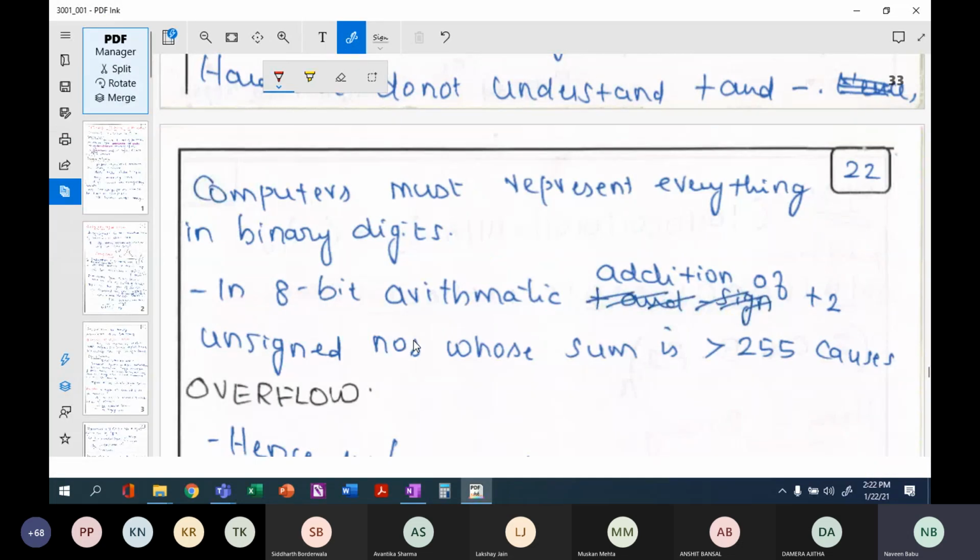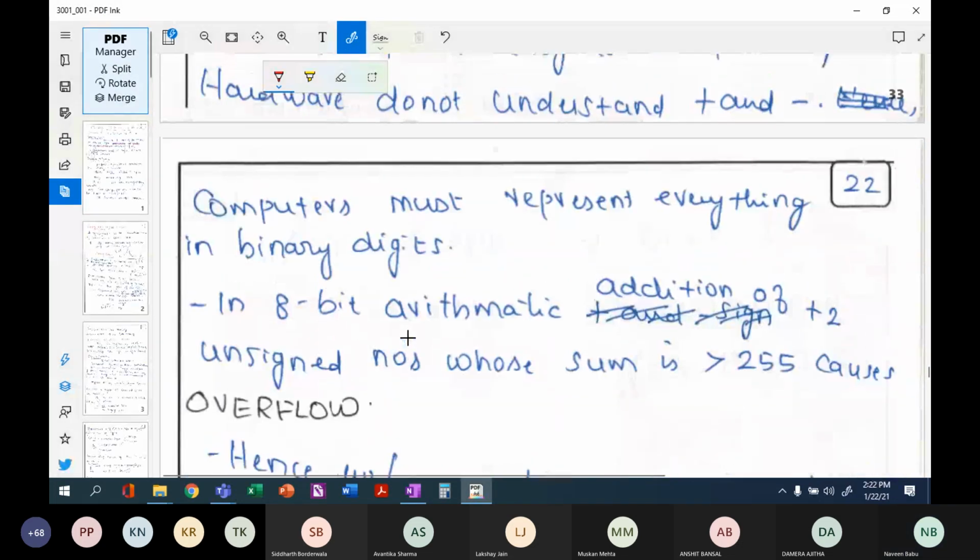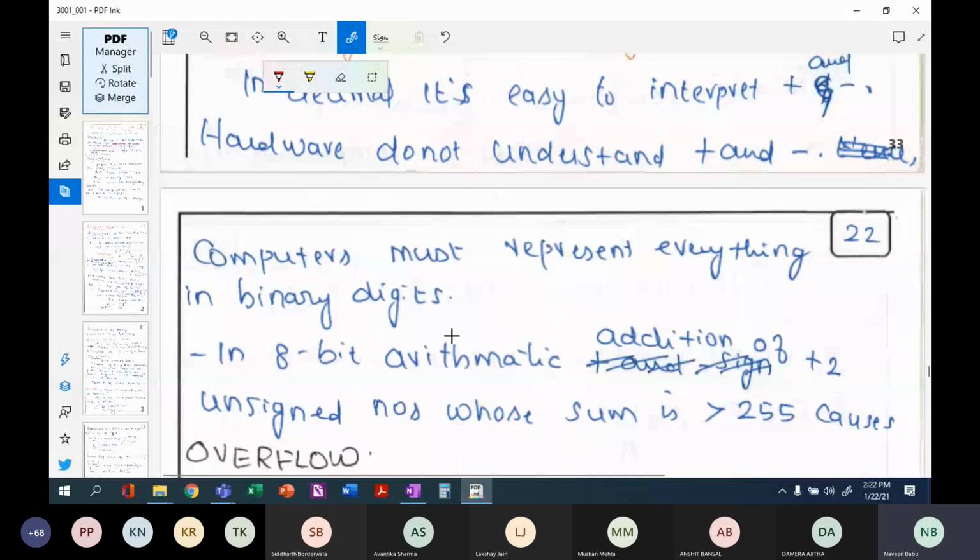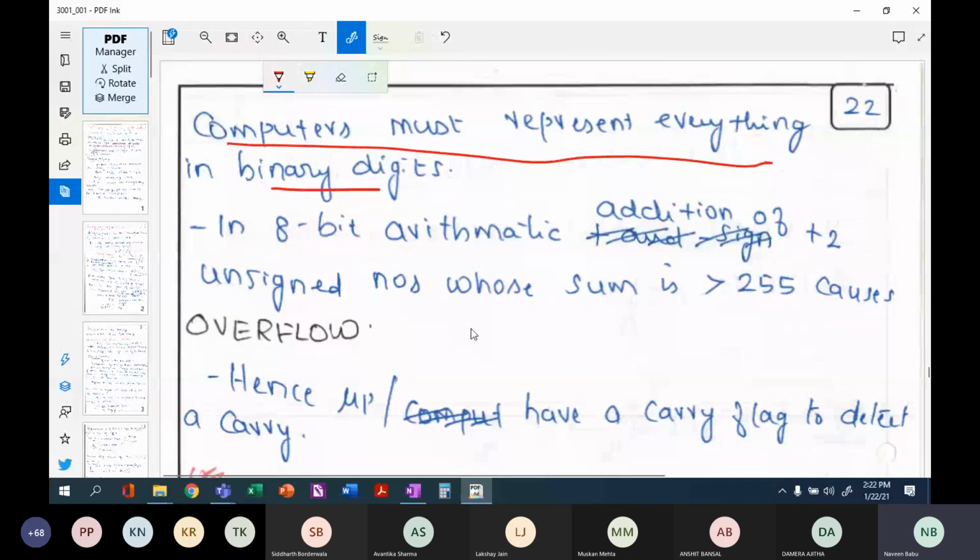Let's go through here. Computers must represent everything in terms of binary digits. So if you are performing an 8-bit addition and there is an overflow, say for example, you are adding 10000000 with 1100 and 1100, right?